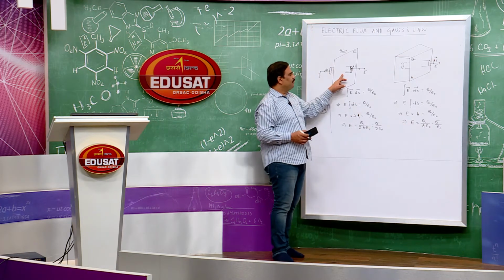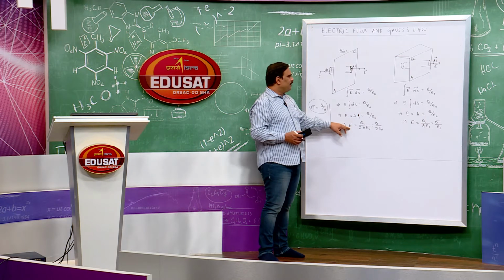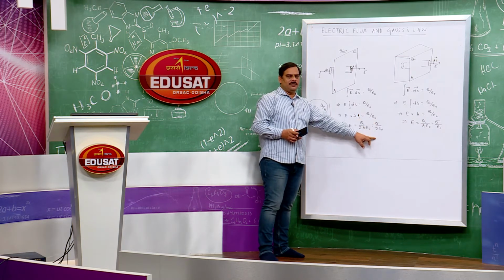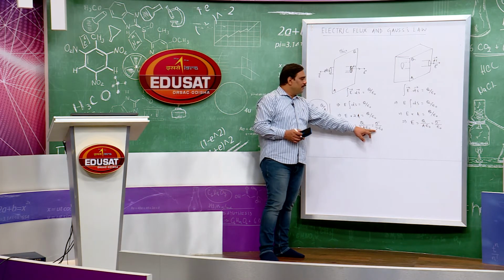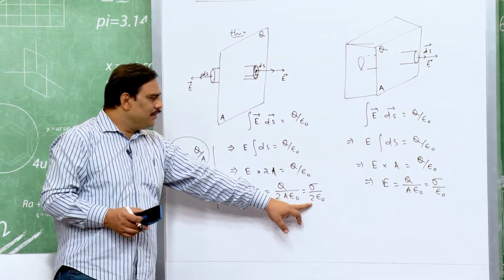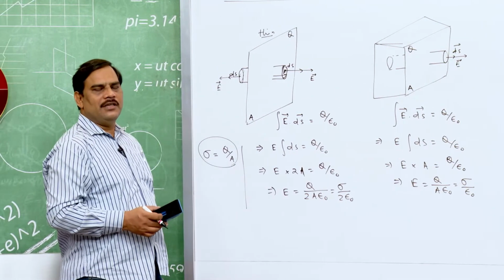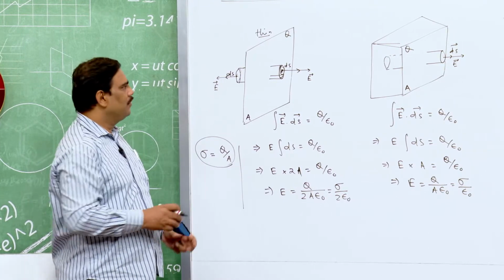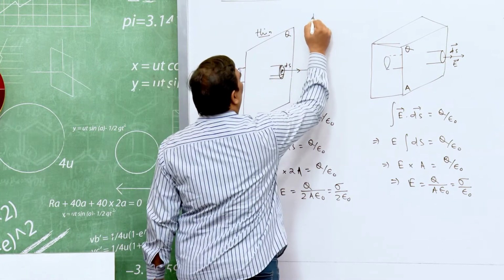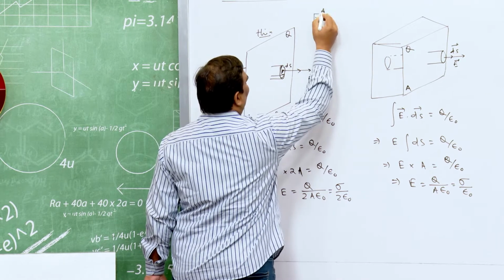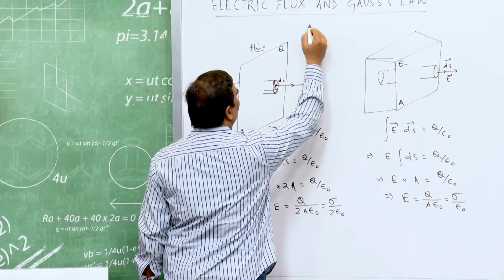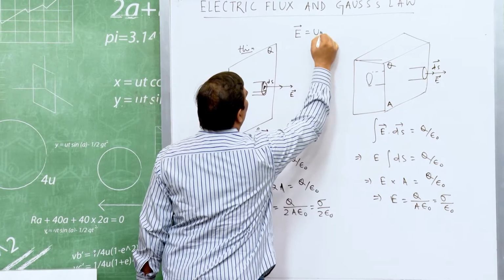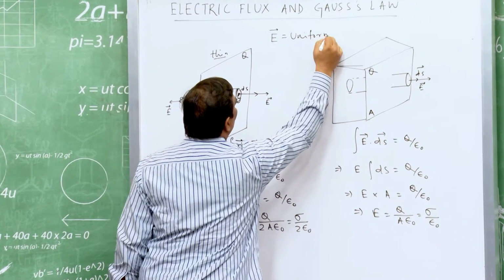For a thin sheet of charge, we get the electric field as sigma by 2 epsilon 0. And the beauty of this is that it is independent of the distance or the point of observation. Therefore, for a plane sheet of charge, the electric field E is uniform.